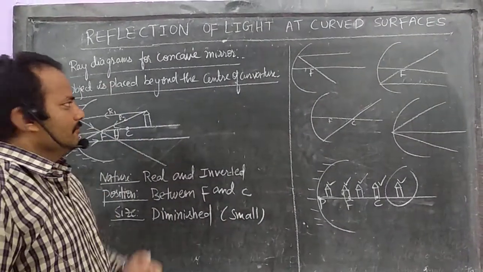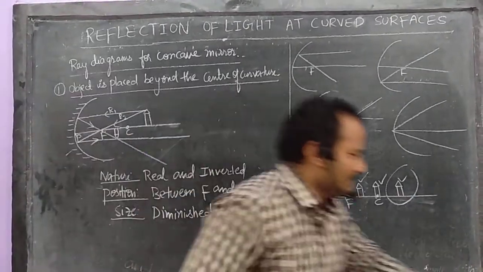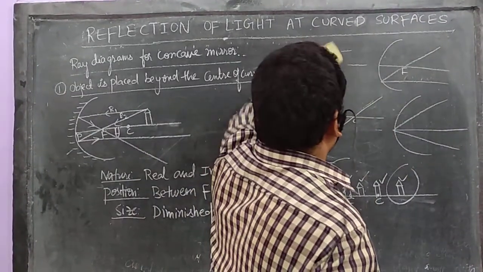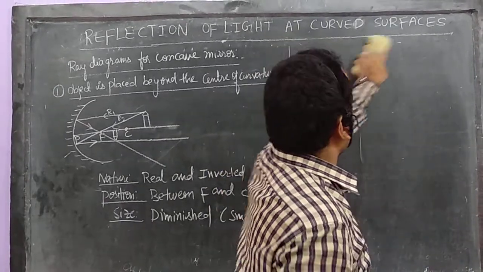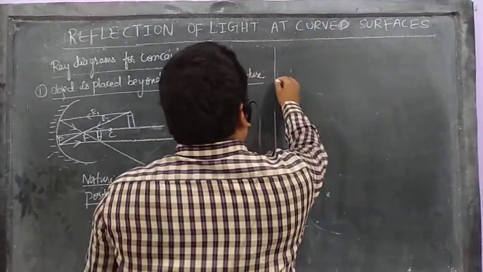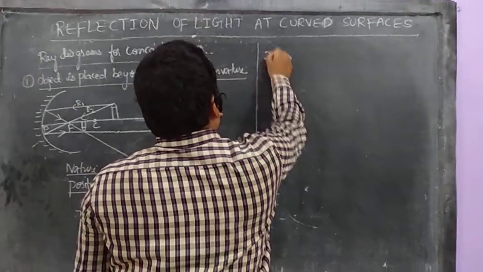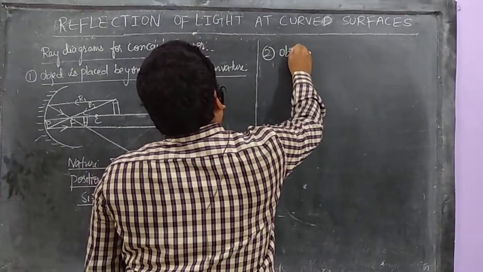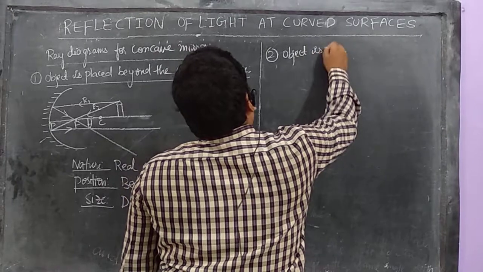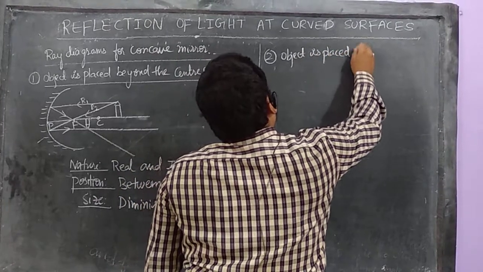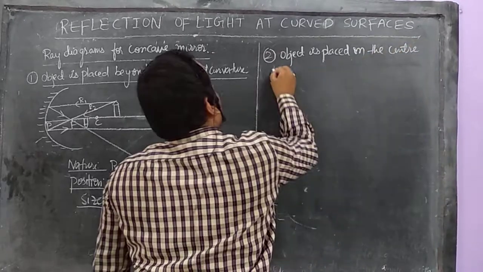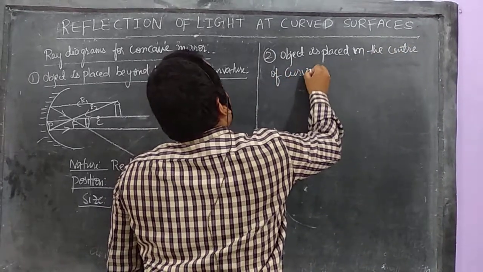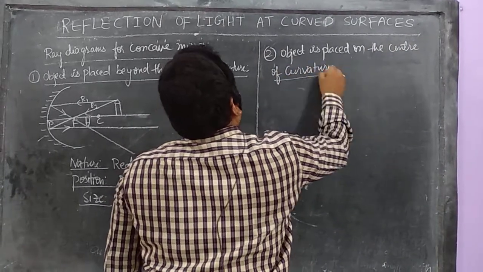Let us move to the next case. I already showed you the positions. You know the rules very well. The object is placed on the center of curvature.